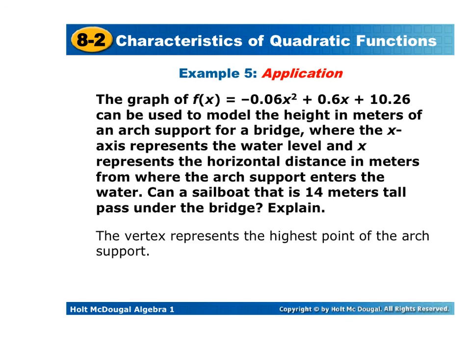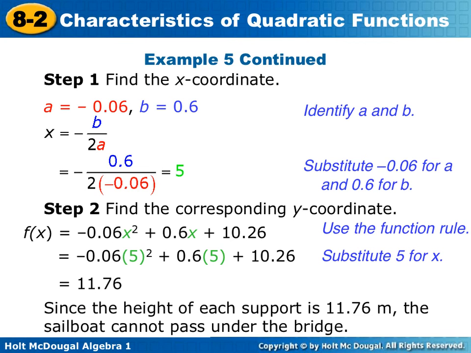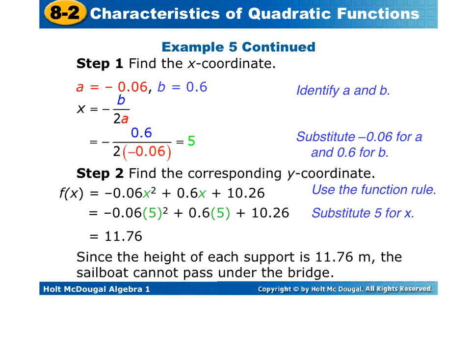So you know that the vertex is going to be the highest point. It's the maximum. And then from there, we're going to find that vertex by doing negative b over 2a, and then plug it back in. So here, the maximum, remember, is our y value. And since the height is 11.76, that sailboat can't fit.